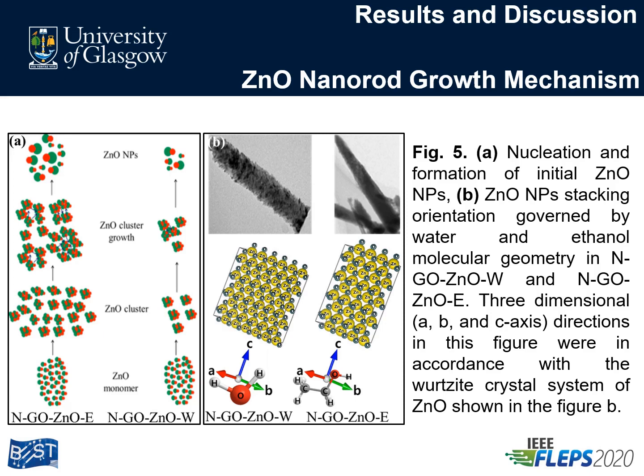However, in the case of ethanol, the unavailability of binding sites along A-axis provides a size-limiting factor for the zinc oxide nanoparticles stacking along A-axis, thus leading to preferred growth along B and C axis and eventually generating zinc oxide nanorods with high aspect ratio.